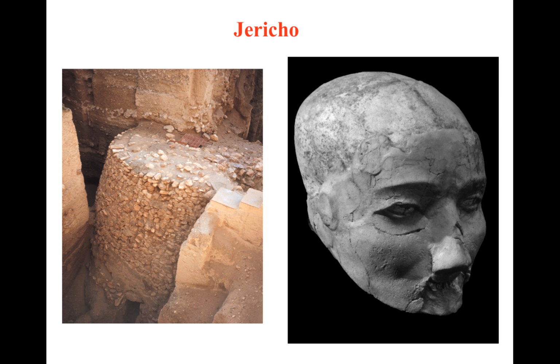You see that buildings were constructed in rectangular forms of mud and brick, and we have here on the left what may have been one of the first known defensive towers that was built into the settlement wall, and also is possibly the beginning of monumental architecture.